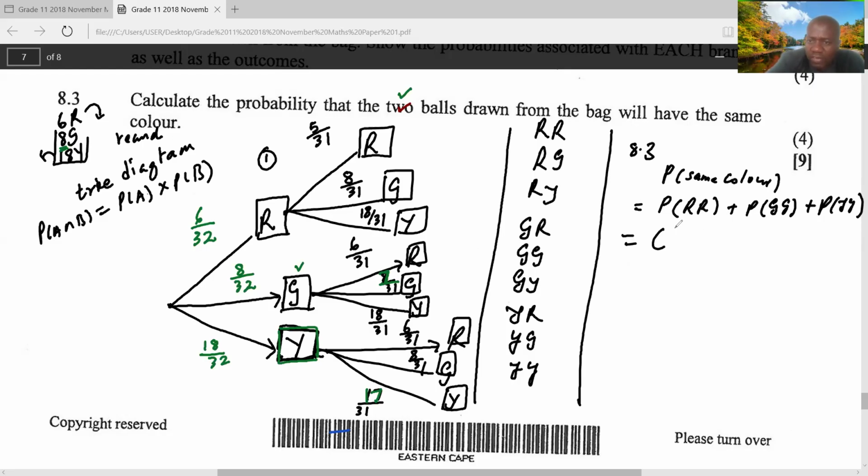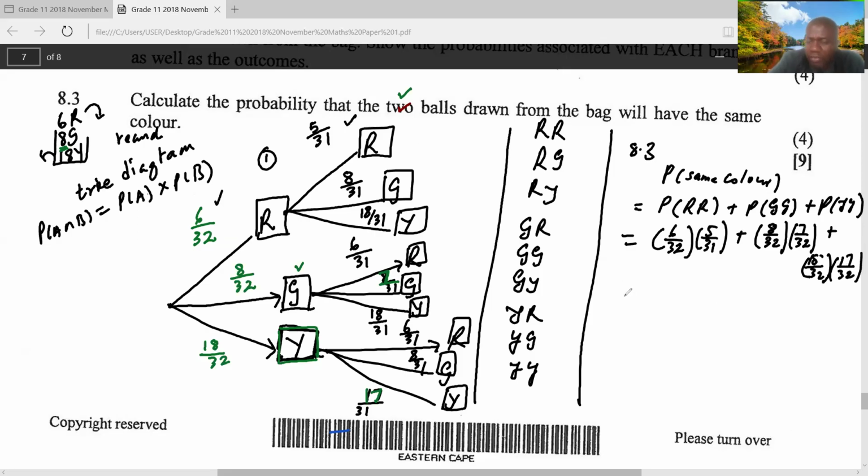It will be 6 out of 32 for the probability of R, and again 5 over 31, plus green. Probability of green will be 8 over 32, then the second one will be 7 over 31, plus yellow. The probability of yellow for the first time is 18 out of 32, and the second one will be 17 out of 31.